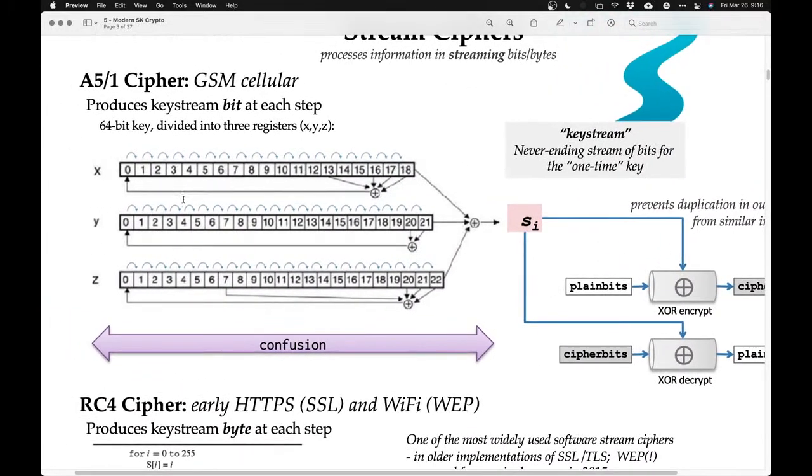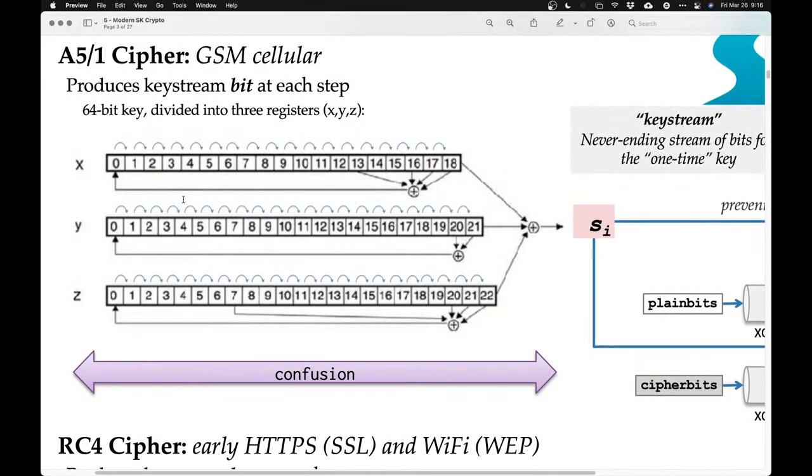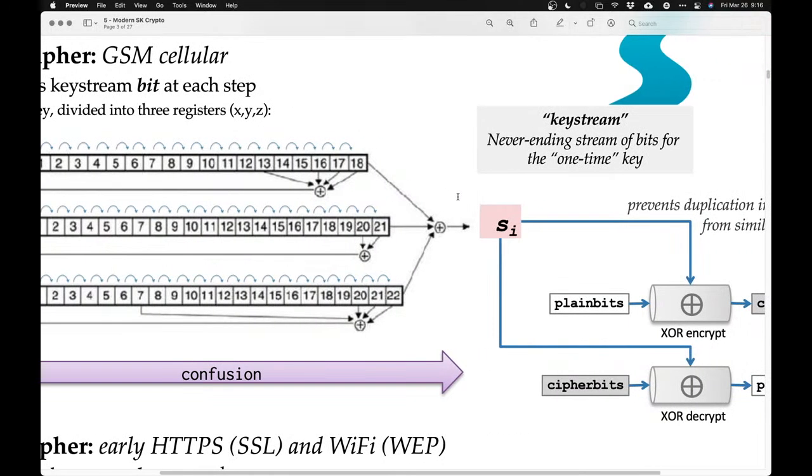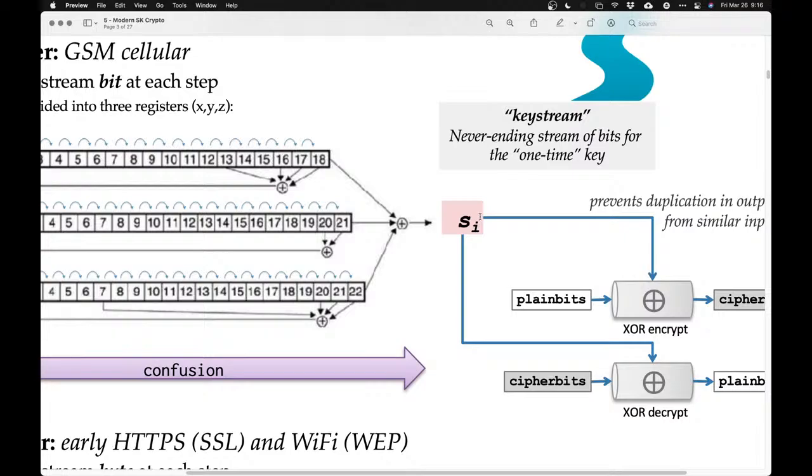So this is the idea of the key stream. Yes, question? We're a little bit confused about how it works. So do you understand how this key bit is generated every time? We just take the registers and push all the bits to the right by one. The bit on the end pops off. It's exclusive ORed with the bit that pops off here, and the one that pops off here. So we're just shifting all the bits over one. I'll get to what happens to the other bits in a moment.